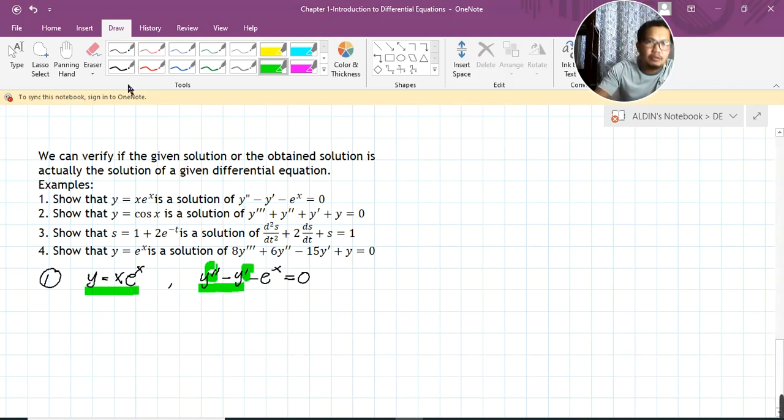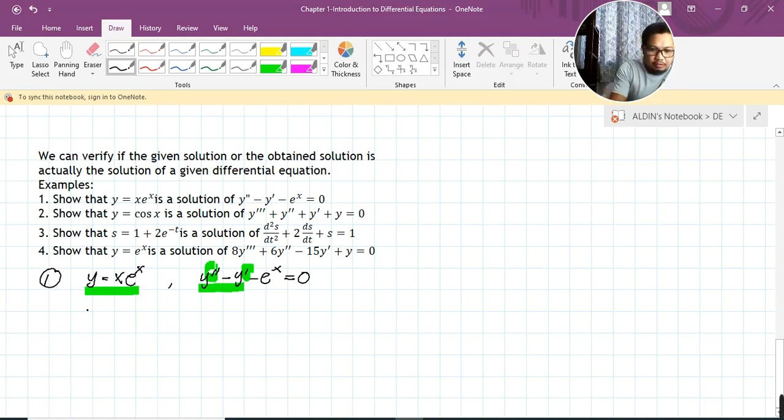So, let us start now. So, how to do it? Dapat alam natin yung differential calculus. Okay? So, kung mapapansin nyo, itong given equation na to, y is equals to x raised to e^x, hanapin mo yung first derivative niya. Tapos yung second derivative niya.